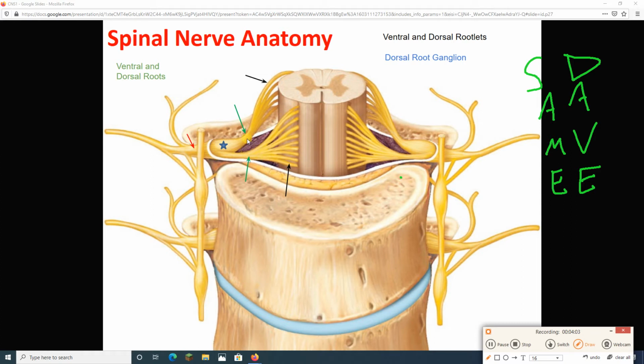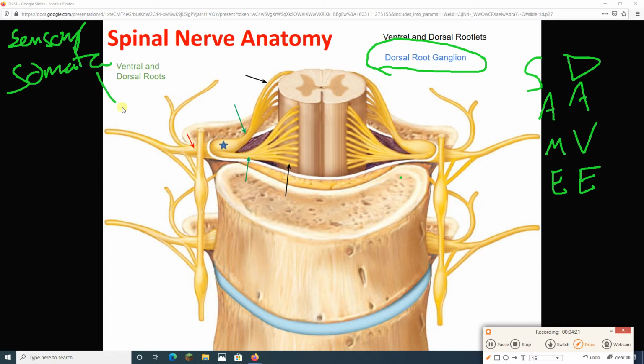The dorsal root then has a swelling on it called the dorsal root ganglion. That swelling is where I'm going to find the somata of my sensory neurons. So sensory somata, the cell bodies of sensory neurons, are in that dorsal root ganglion. Okay, that swelling right there.